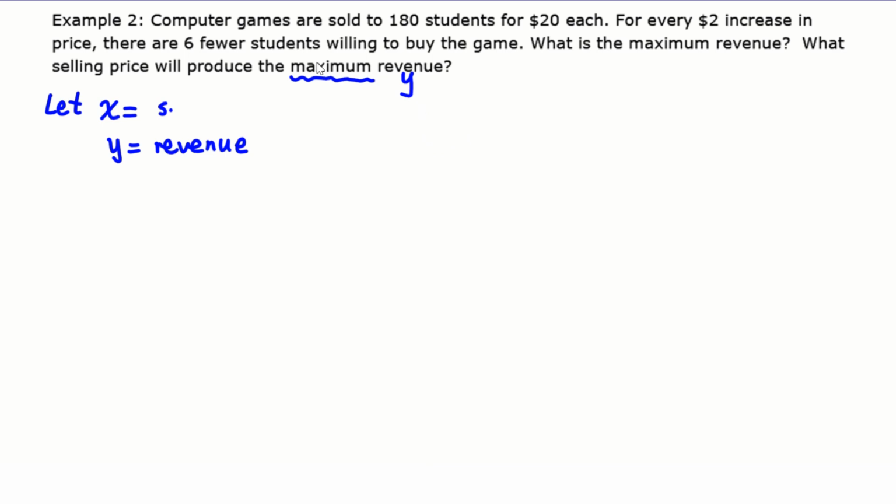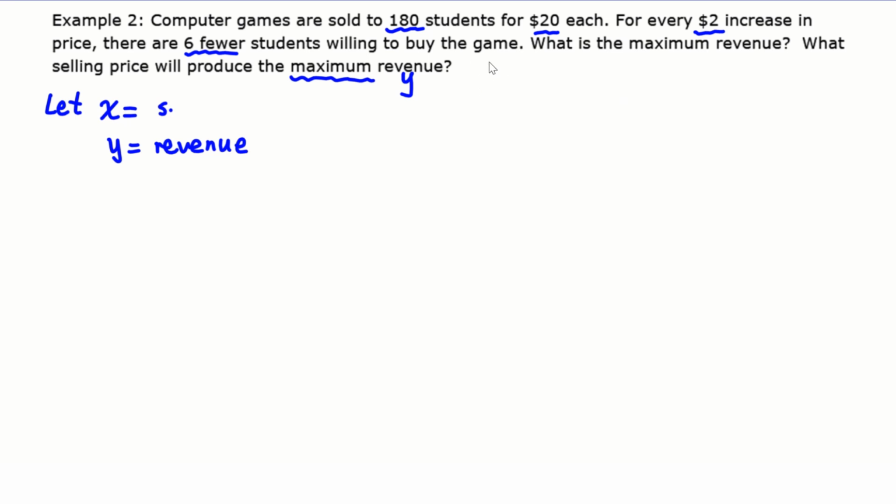We see a computer game is sold to 180 students for $20 each. For every $2 increase, there are 6 fewer students willing to buy the game. So what's the maximum revenue? What is the selling price?